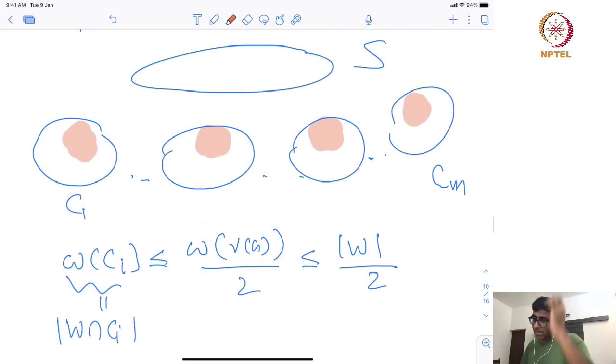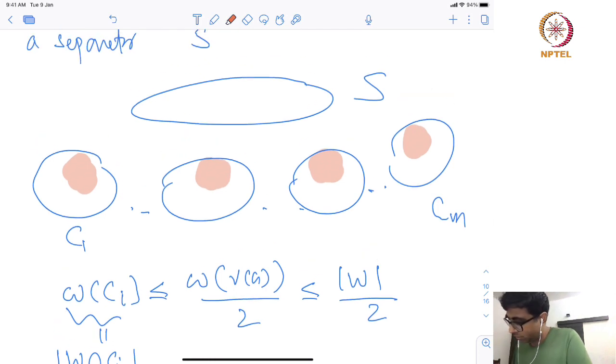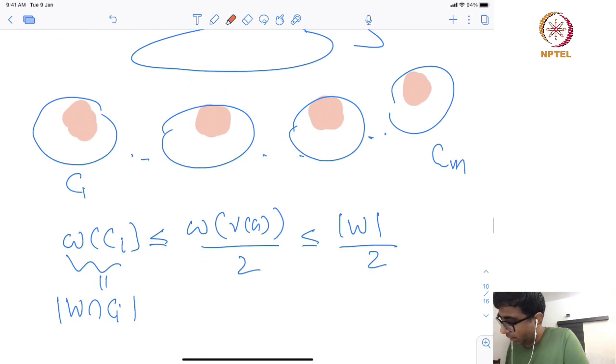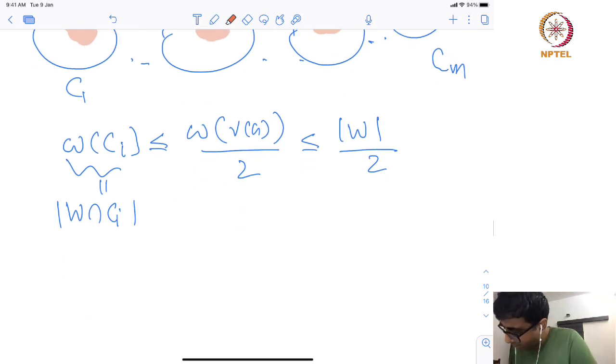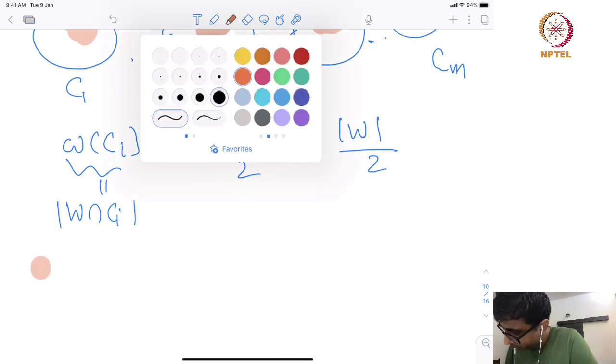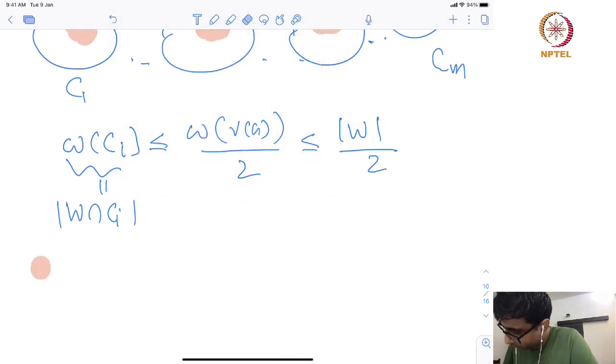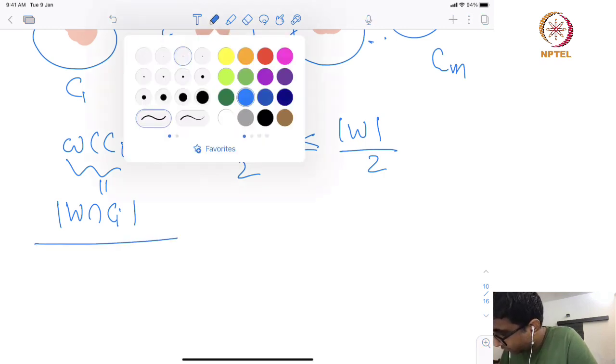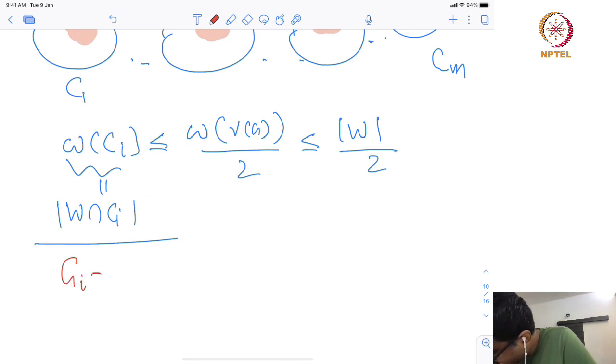Now, to apply induction, I will make a graph Gi. What is the graph Gi?